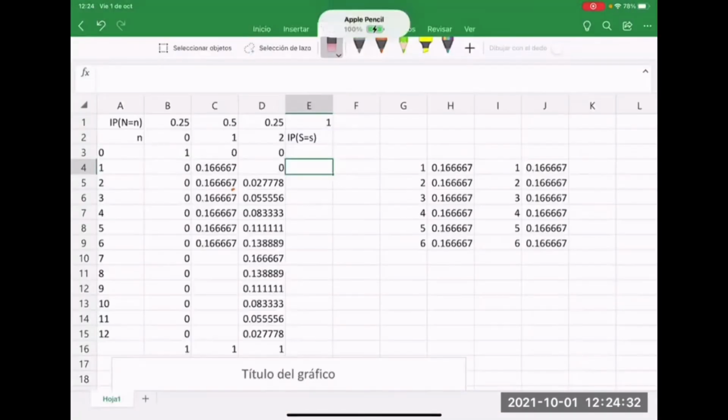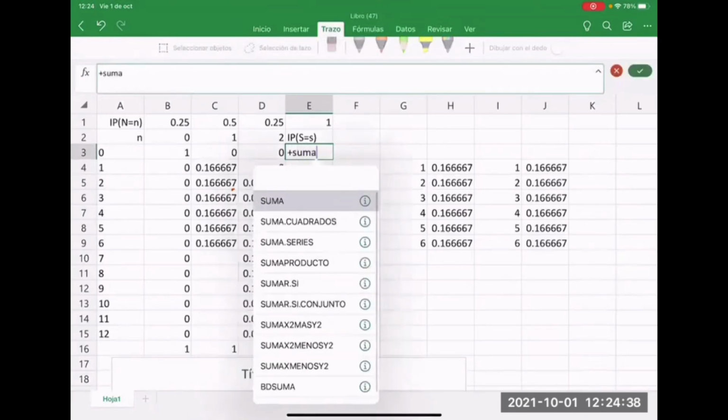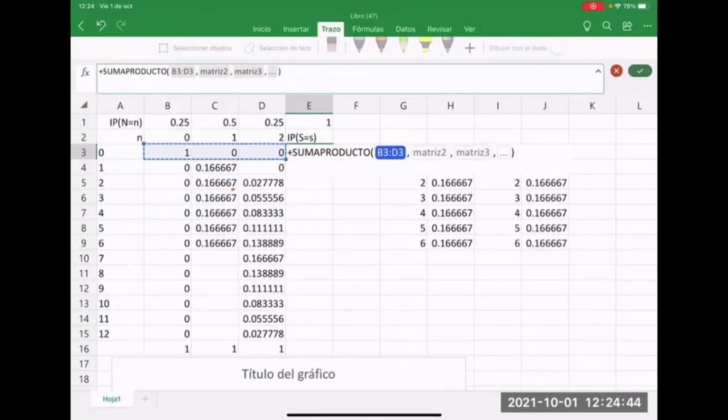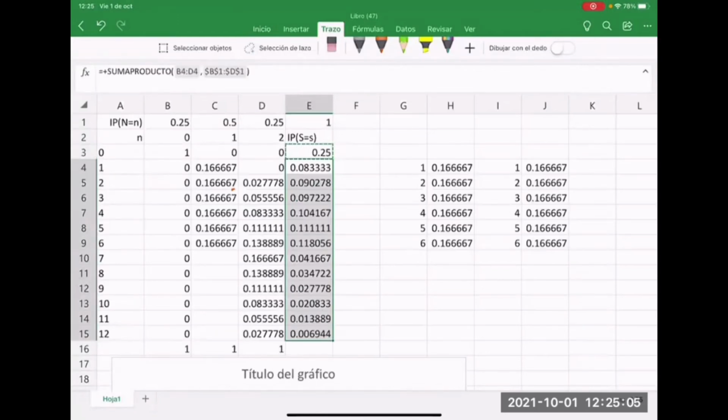So by virtue of the theorem of complete probability, all we have to do here is to use the function SUMPRODUCT of this here with this here. And then we need to fix this range here, and that's it. And then all I have to do is to copy this formula and put it in all these cells.